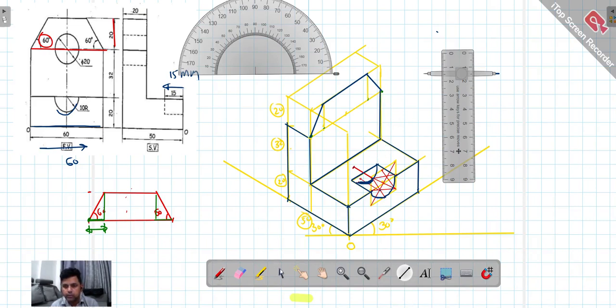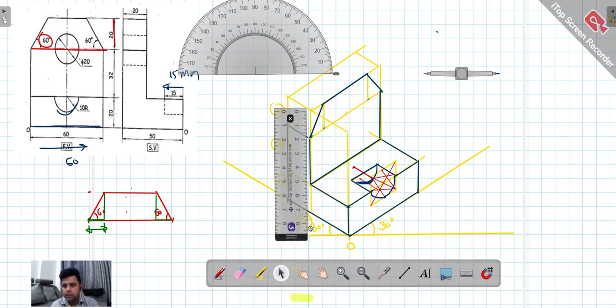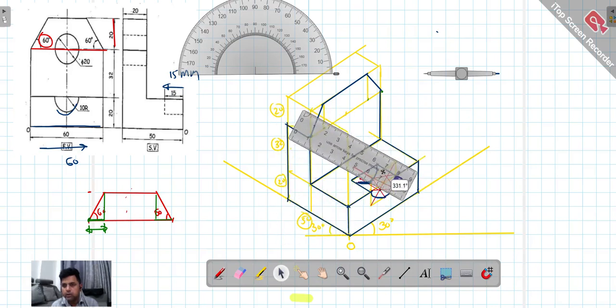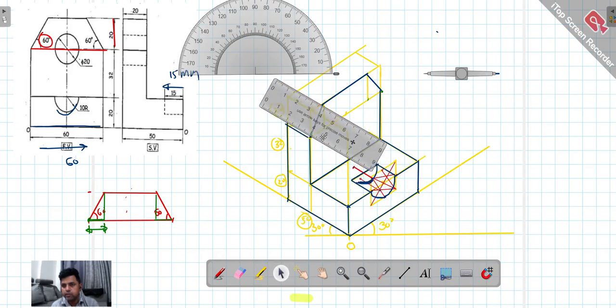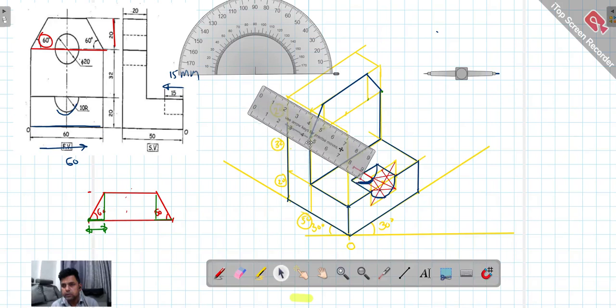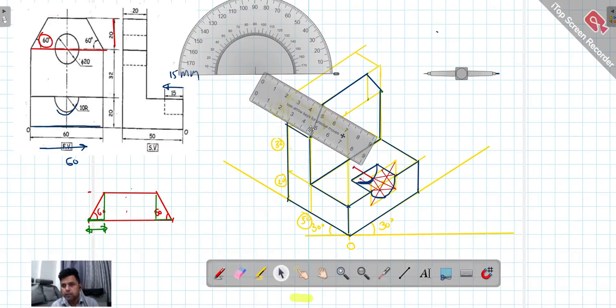Now, what is left? Take the scale here, rotate it like this to this line from this point. See, to this line, I'm drawing a parallel line from this point. Project here up to this line. Take a scale here.